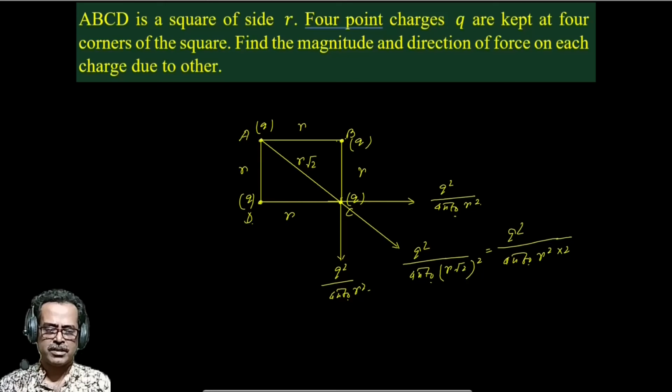Now the resultant. It is clear from the figure that the angle between this force and this force is 90 degree and they are equal in magnitude. So their resultant will act along the diagonal, that is, it makes 45 degree with it.